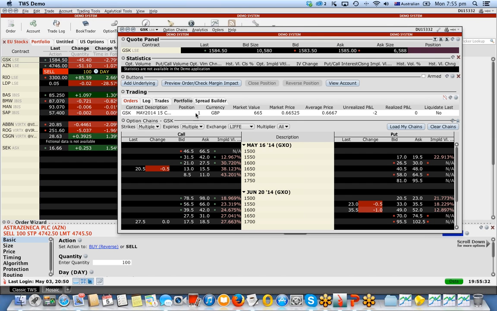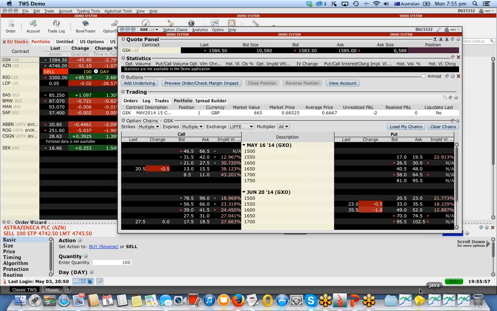Now you can see not only the line which describes the contract, the time, the currency, the position, the market value, but also the unrealized P&L, which is real time and calculated. Sometimes there is no buyer or seller, but the system will calculate an approximate market price based on other indicators. So that's important.